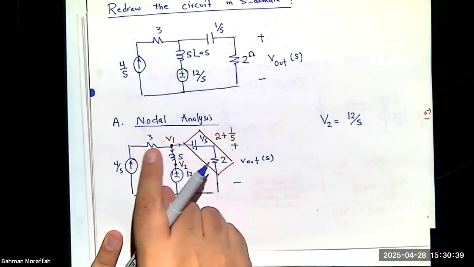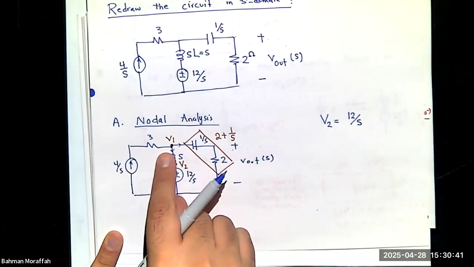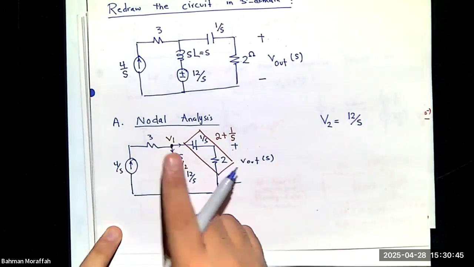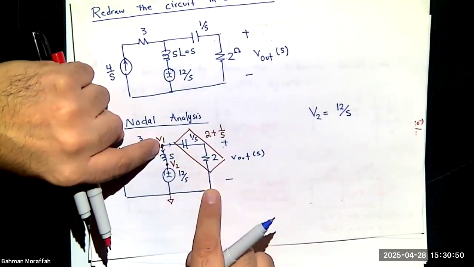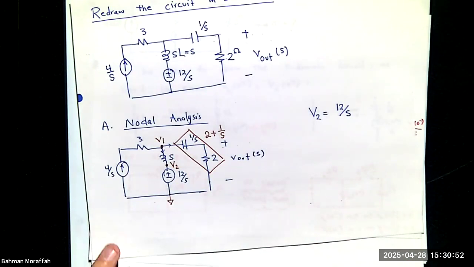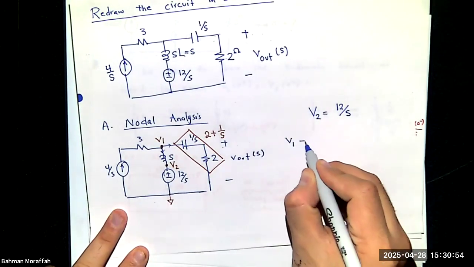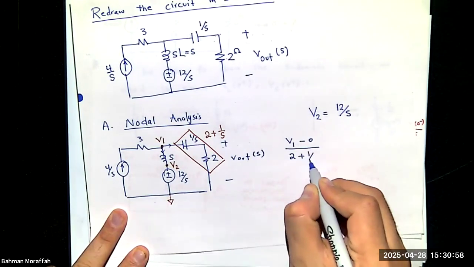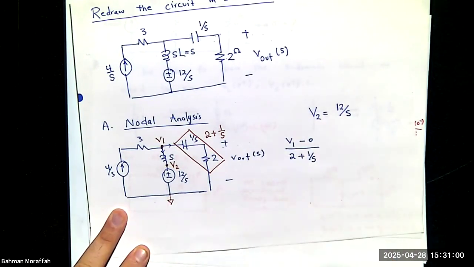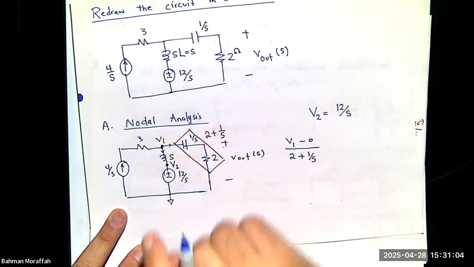I cannot do anything with this branch because it's already going in. Right? Now I can write the KCL. What is the current through this branch? It is V1 minus 0 divided by 2 plus 1 over S. Right? What is the current through here?